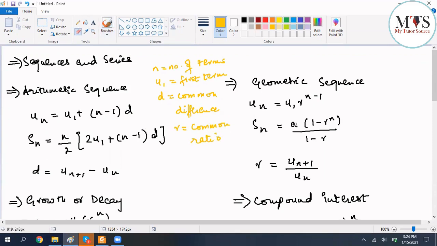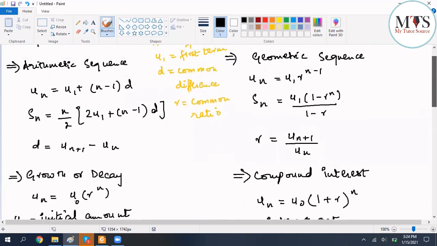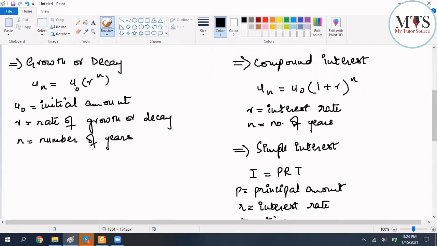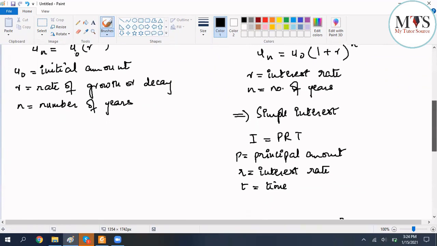I will write u1 over here so that you don't get confused. So those are what all the letters mean. They're the same for the others I've written, so I don't think you should get confused for this part.